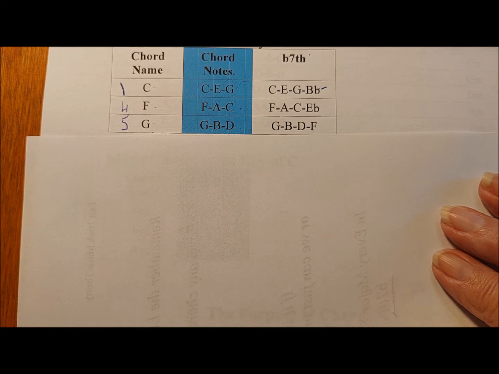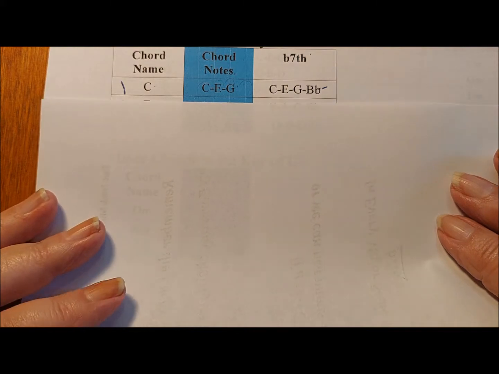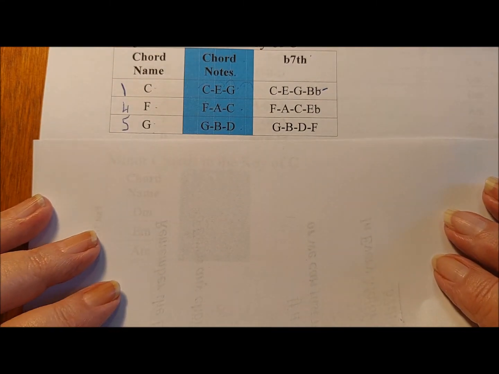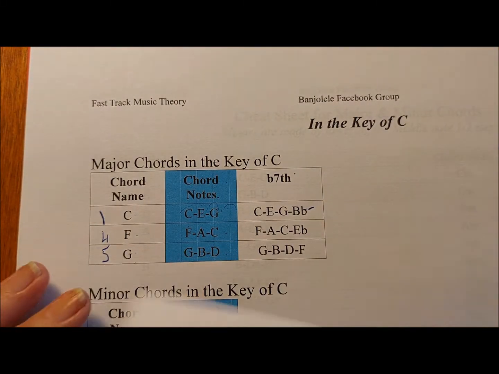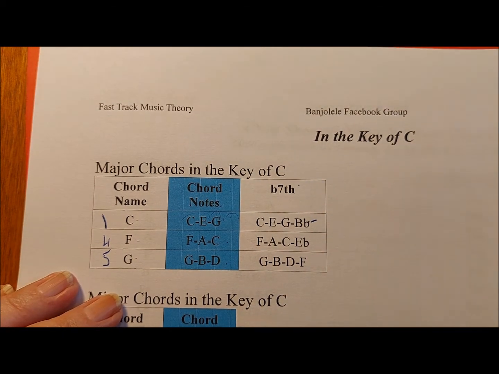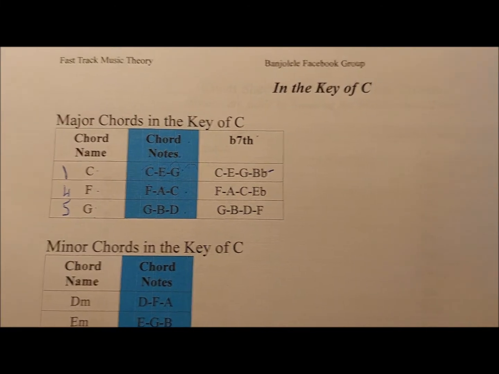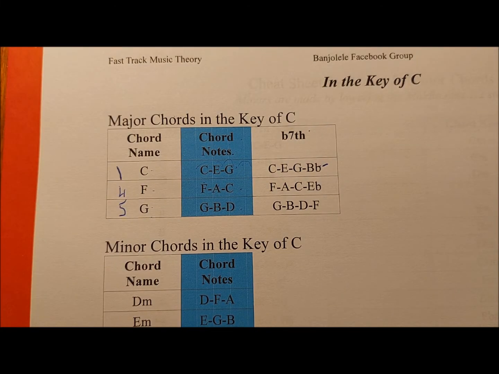And so that's a good way to memorize, is definitely get your major chord notes, because as you move on in your music, you're going to learn that you don't have to play the C chord on the 4th fret of the bottom string.